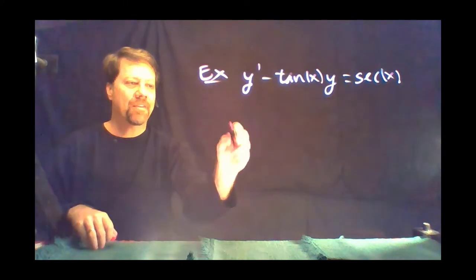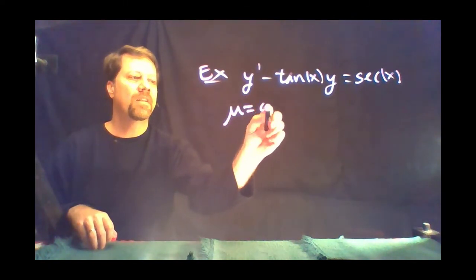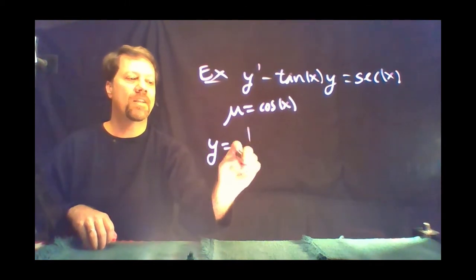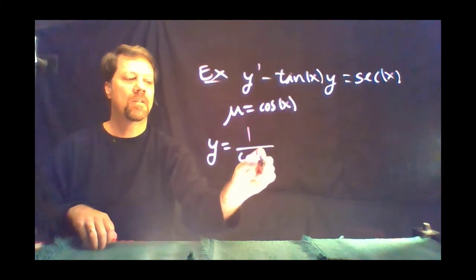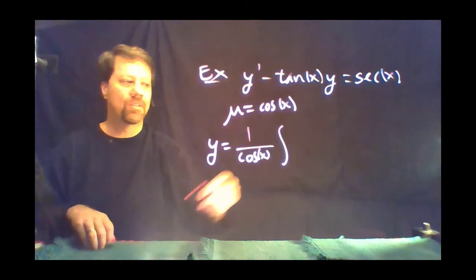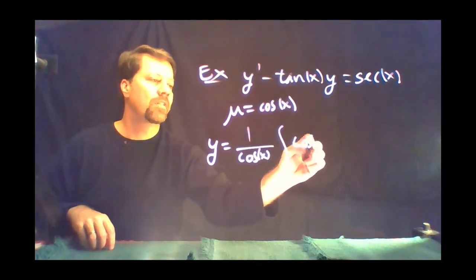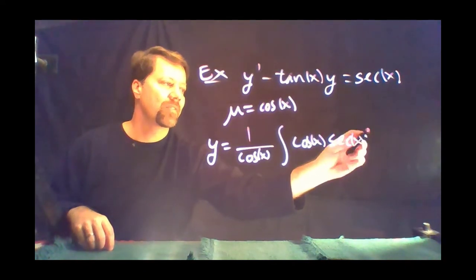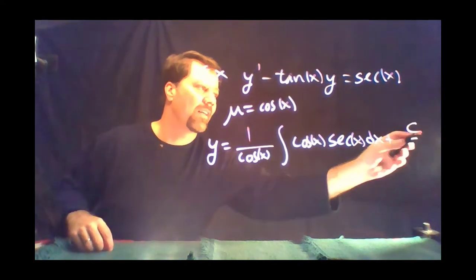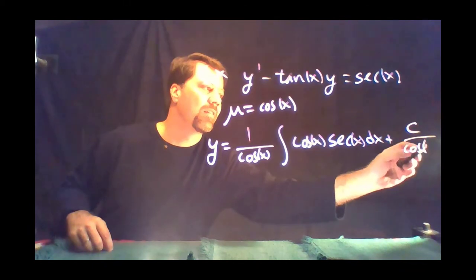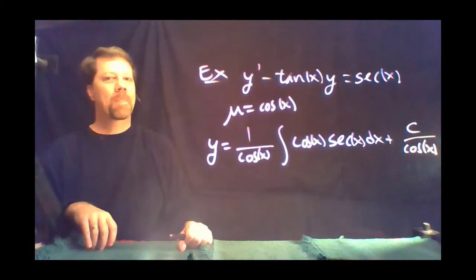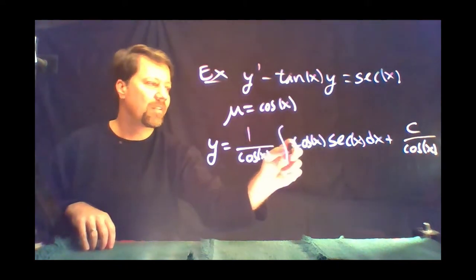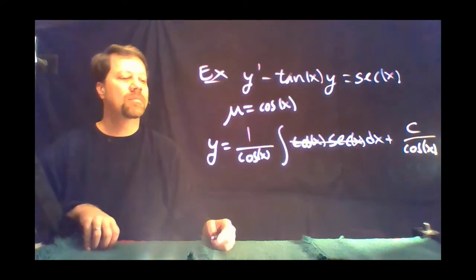If the integrating factor mu is cosine of x, then the solution y is 1 over cosine of x times the integral of cosine of x times secant of x plus a constant divided by the cosine of x. Since secant is 1 over cosine, these cancel out.